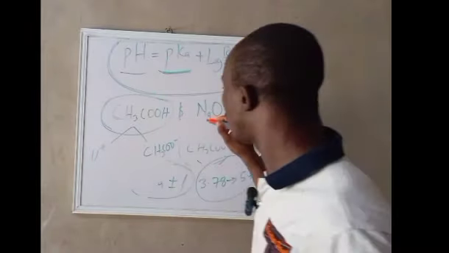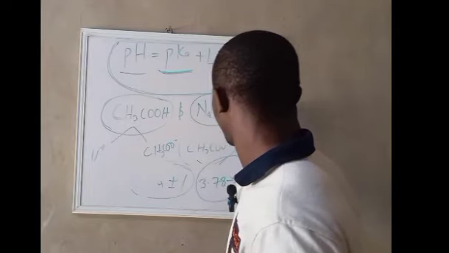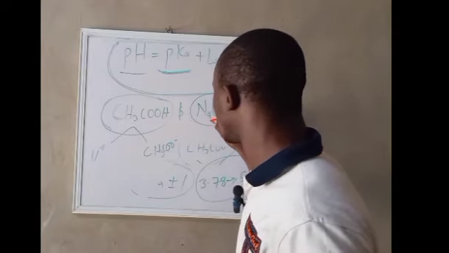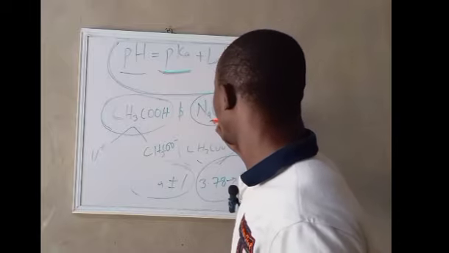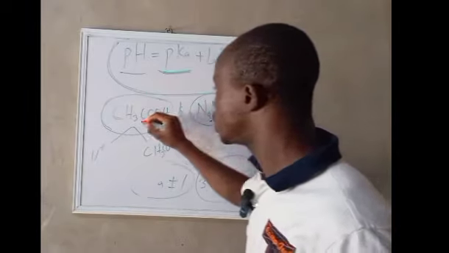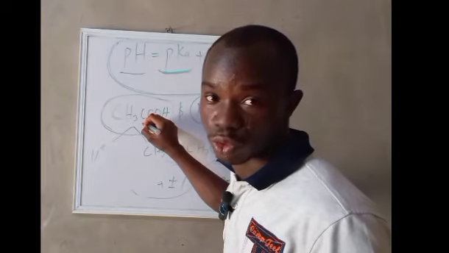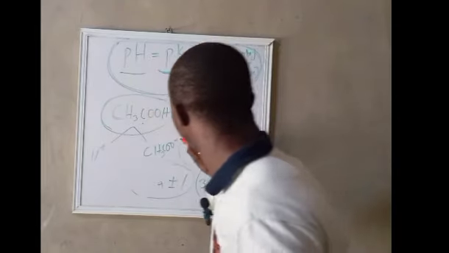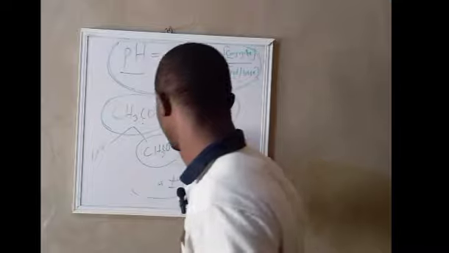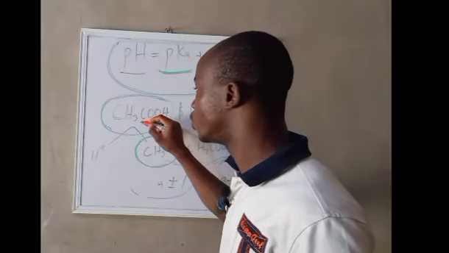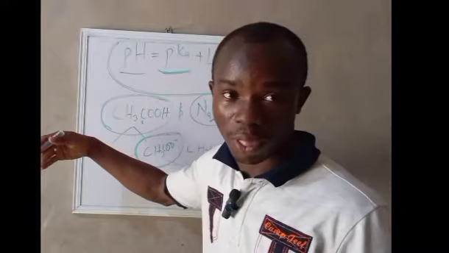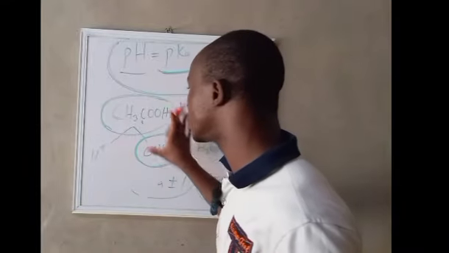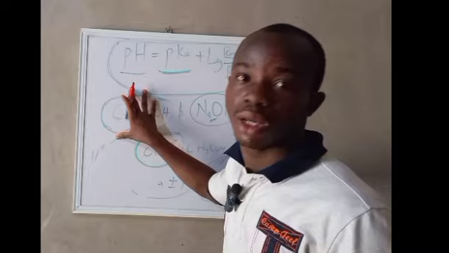Now you can add NaOH to this solution of the weak acid to produce more of the conjugate base. The amount of the acid will reduce because it dissociates more, and the amount of the conjugate base will increase.